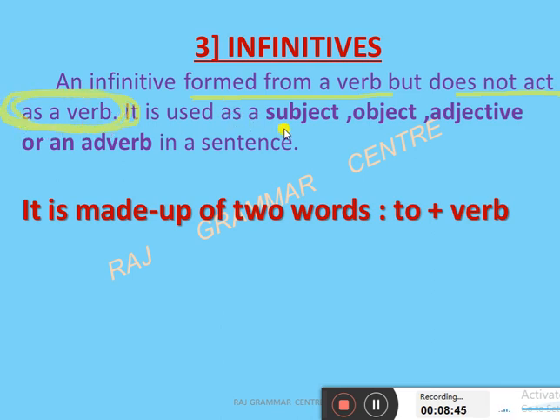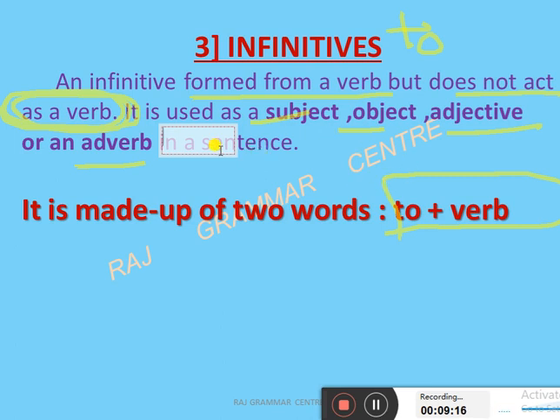It is used at which place? Subject, object, adjective, or an adverb in a sentence. It is made up of two words: to plus verb. Remember one thing, whenever you see a verb with "to", chances are there that it is an infinitive. If I say "I want to go," yes, it is possible.